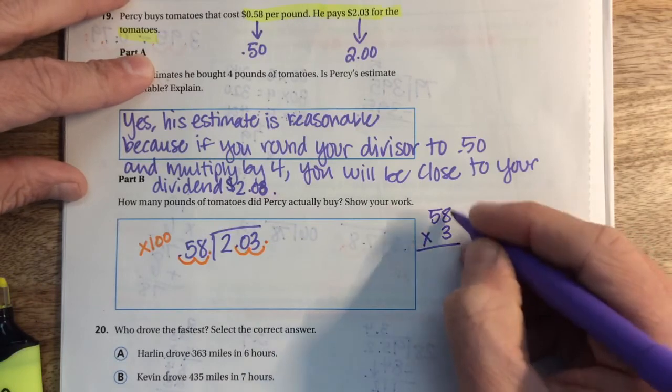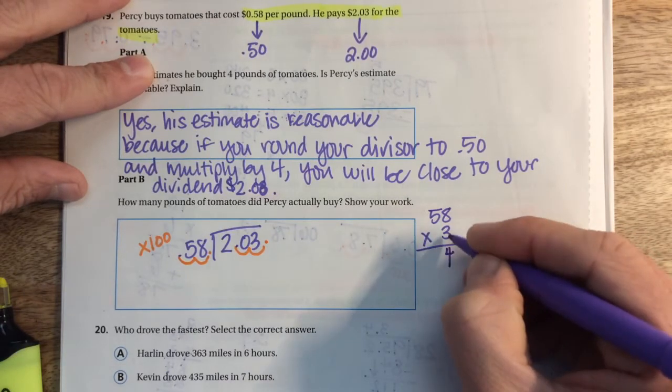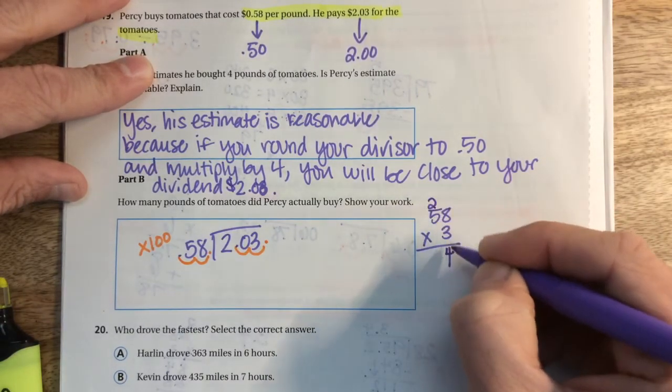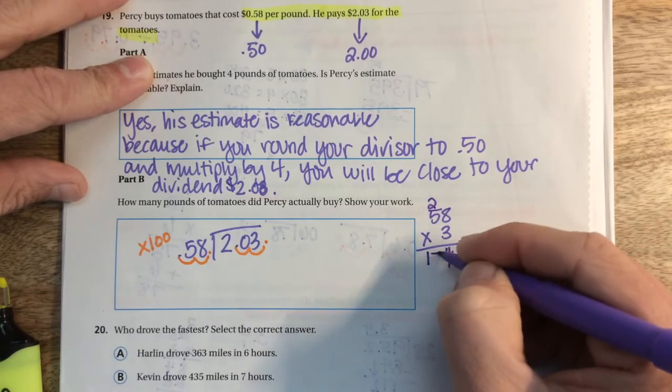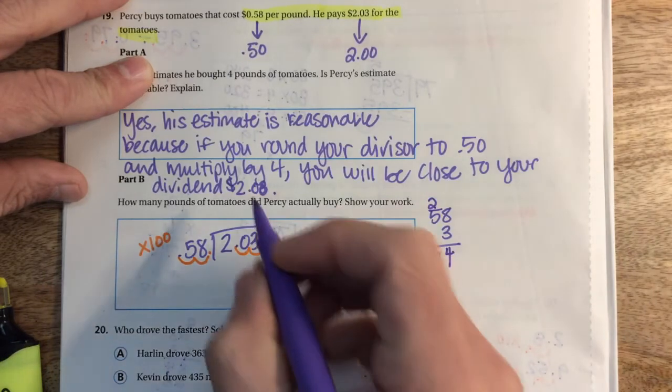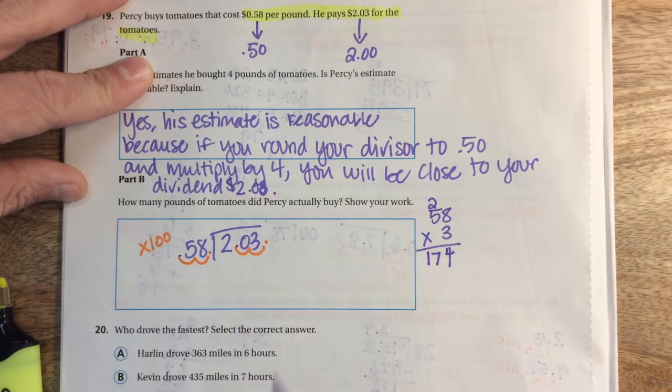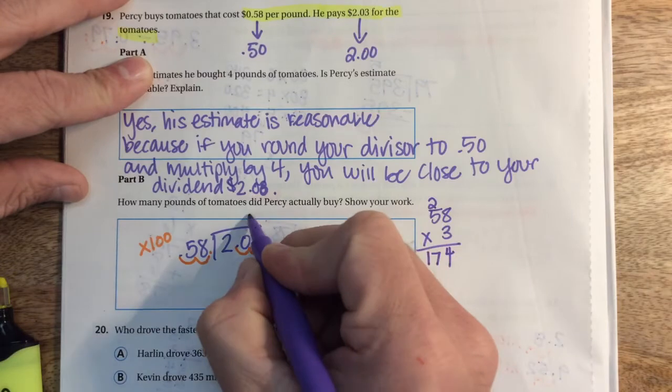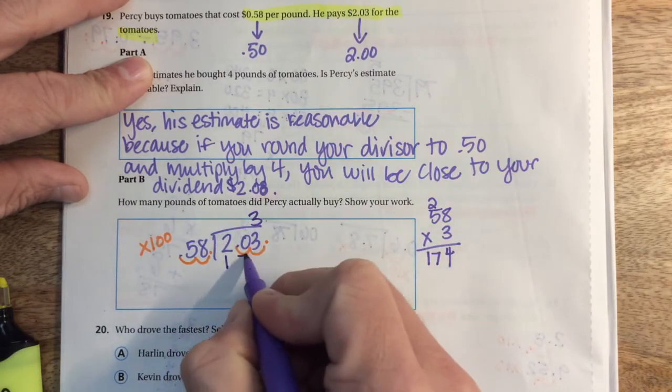So let's see what this ends up being. 8 times 3 is 24. 5 times 3 is 15, plus 2 is 17, so 174. So I think that's going to be our closest number. So 3, it's going to be 174.